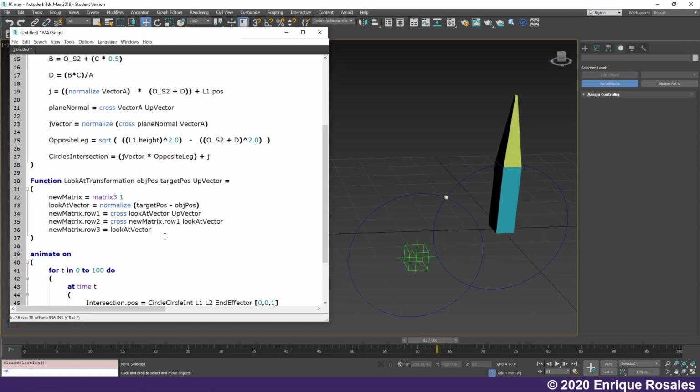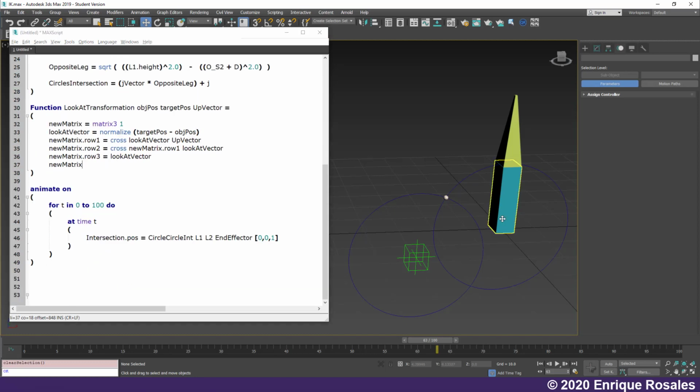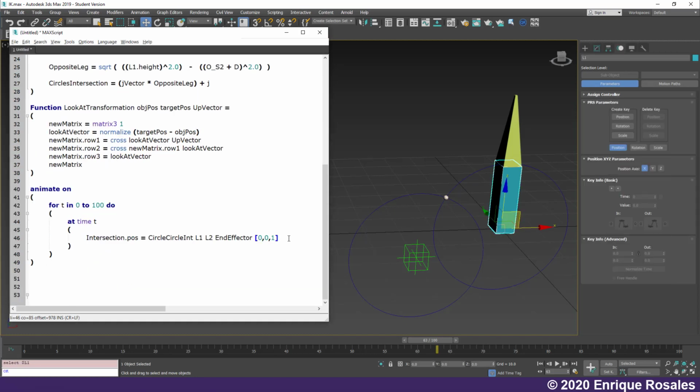The only difference is that the z-axis of the camera points to the opposite side of the lookup vector, and I'm not doing that right now because I don't need it. So now we can just return the new matrix, and this guy is L1.